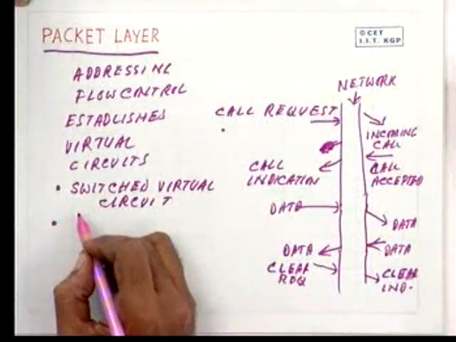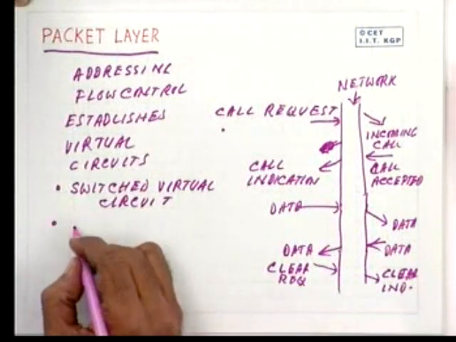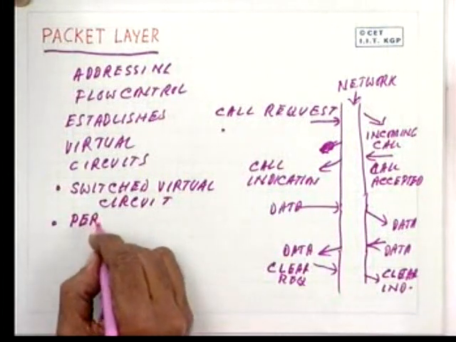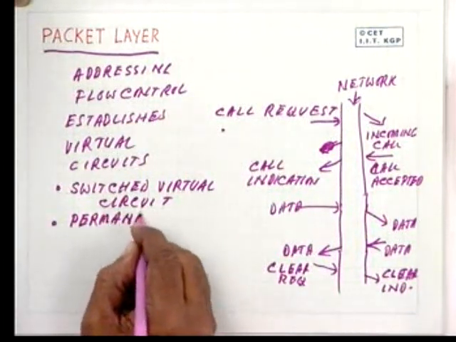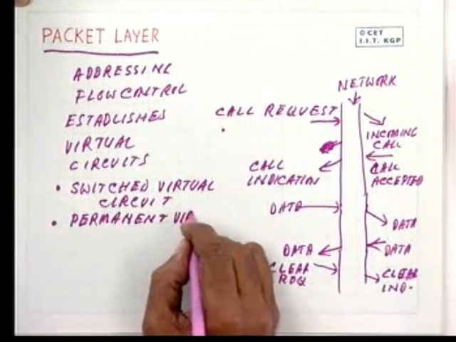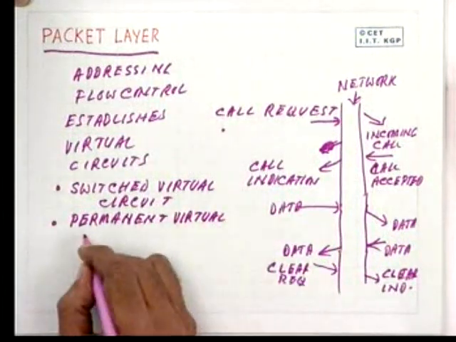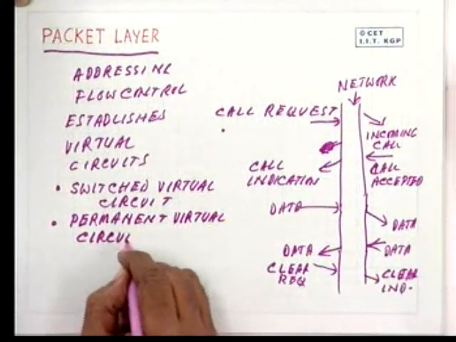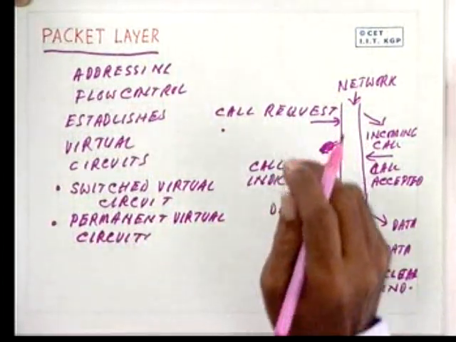But there is another type of service where you have permanent virtual circuit, like a leased line. A leased line is a dedicated path already available to you, which can also be used for packet switching.